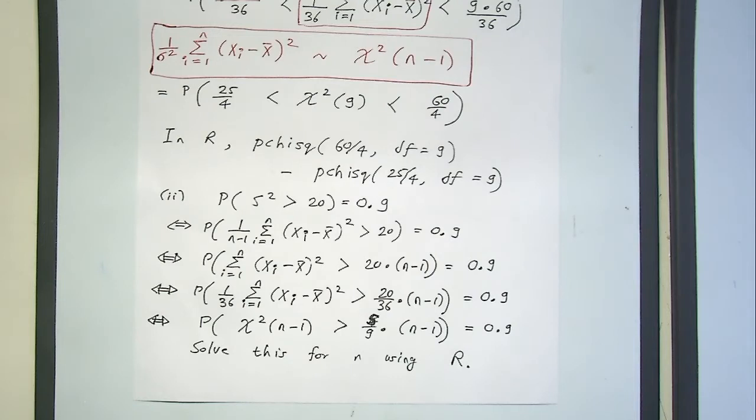That's the result I just gave you on the top. You see, there's a result in the red box which says that 1 over sigma squared times that has a chi-square distribution. Because you said the 9 is sigma squared. No, sigma squared is 36, sir. In number 7, sigma squared is 36. It has to be 36.